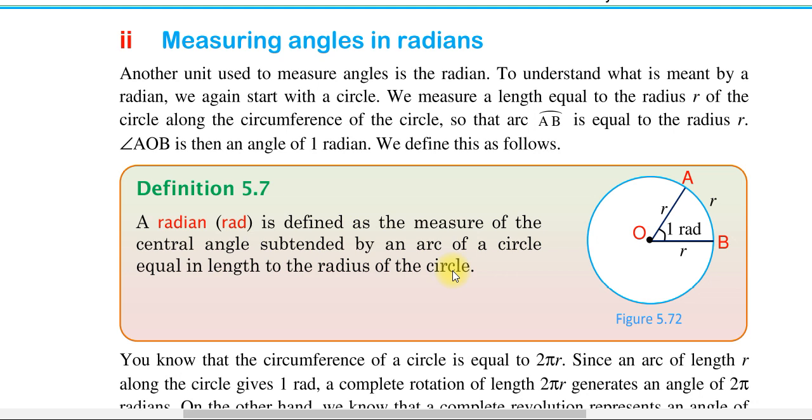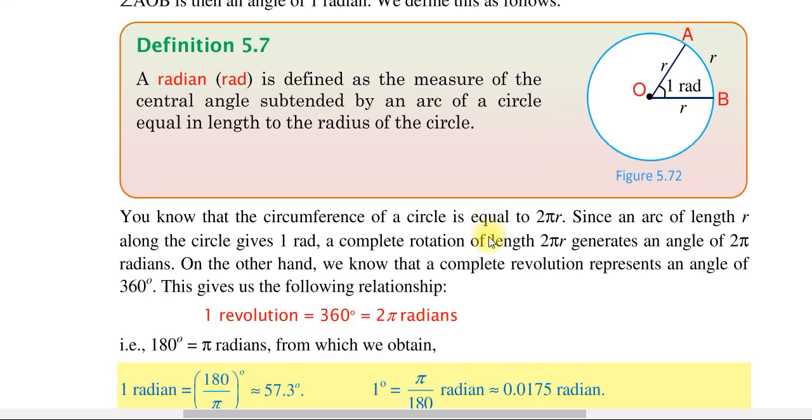The measure of the central angle subtended by an arc of a circle equal in length to the radius of the circle is what? A radian. You know that the circumference of a circle is equal to 2 pi r.